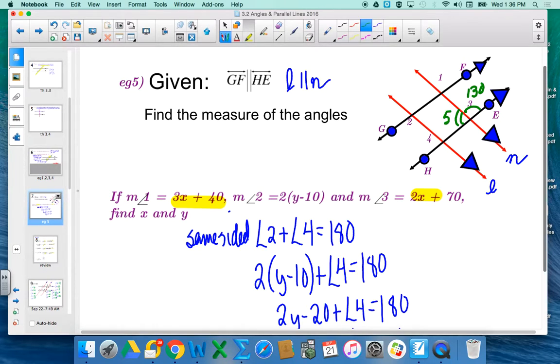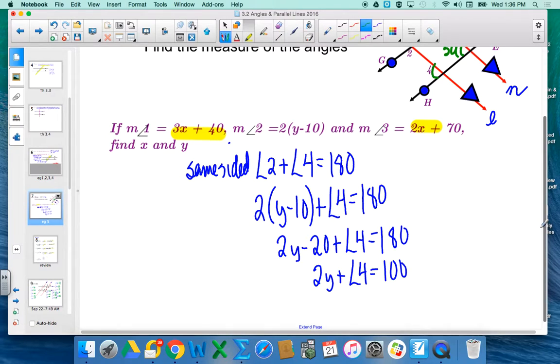Everybody? Okay. What kind of angles are this angle and this angle? Corresponding. So angle 4 and whatever angle we want to call that, so we know that 2y plus 50 has got to equal 200. Okay. So 2y has got to equal 150, so y has to equal 75.